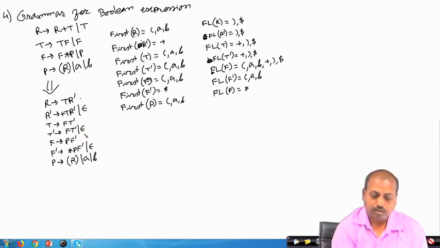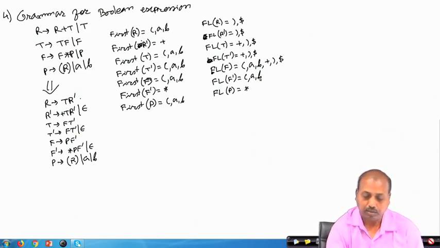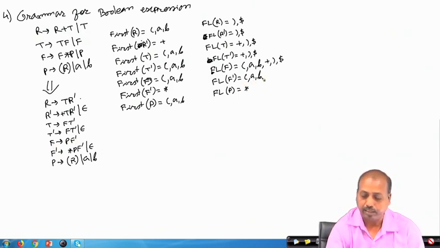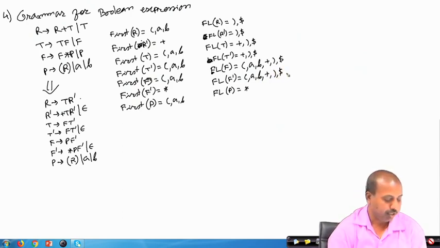Now, whatever is in follow of F is also there in follow of F dash, so this plus, close parenthesis and dollar will also come here. And then this P. P is appearing here.